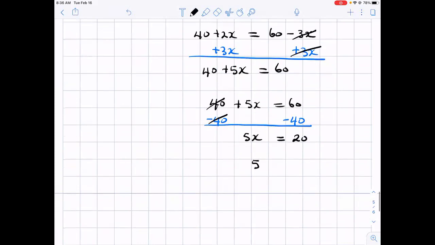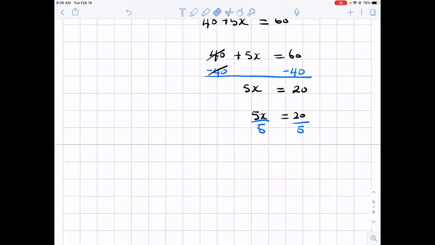Finally, to solve for x, we divide both sides by 5. 5 divided by 5 is 1, so x is equal to 20 divided by 5, which is 4. So x is equal to 4.